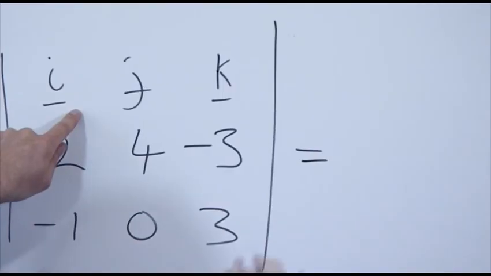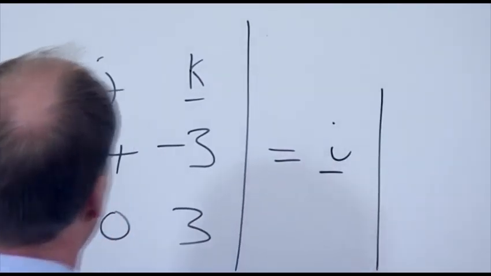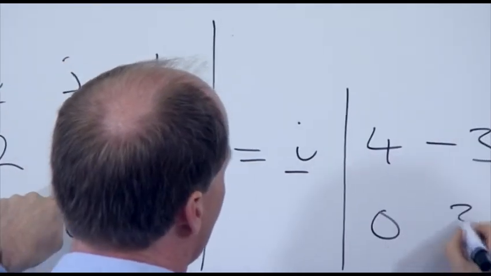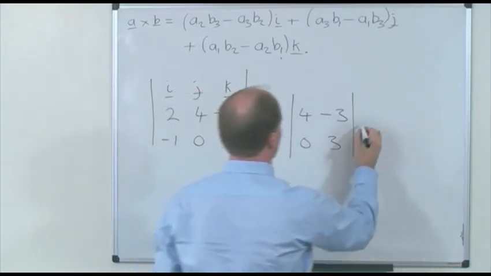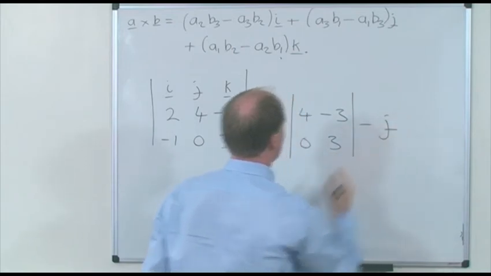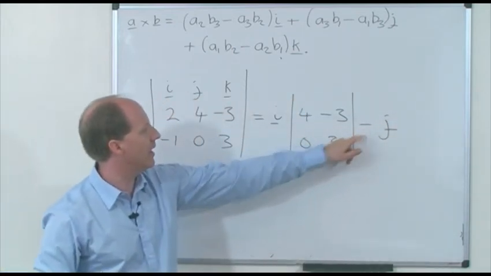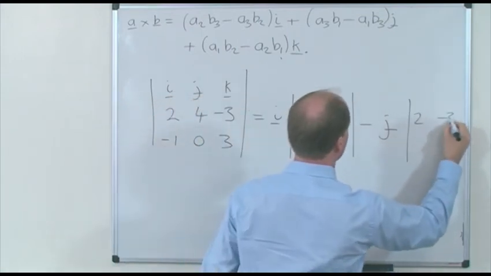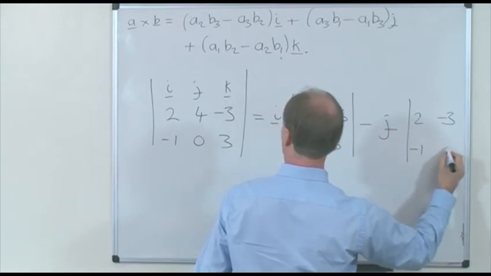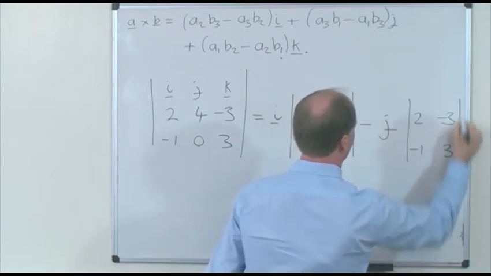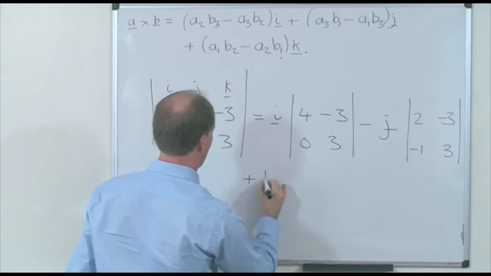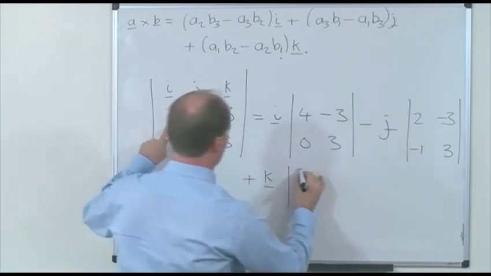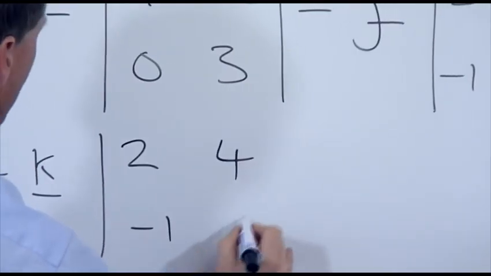So the minor associated with i is going to be the determinant 4, minus 3, 0, 3. Plus, and remember, again, we have to use a minus sign here, j times the determinant 2, minus 3, minus 1, 3, and plus k times the matrix 2, 4, minus 1, 0.